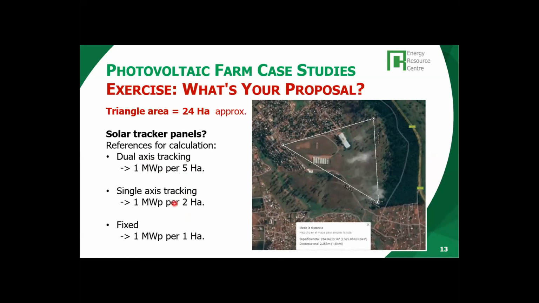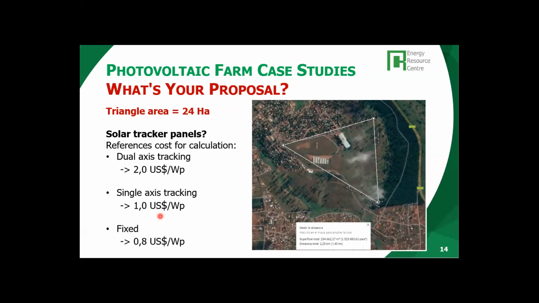If we only use single axis tracking, it's double the ratio of a fixed system. So if we consider a fixed system, yes, 24 megawatt, I agree. We agree with this reference. If we use a tracking system, it would be less. In our example area of 24 hectares, you would be able to install less than 20 or 24 megawatt.